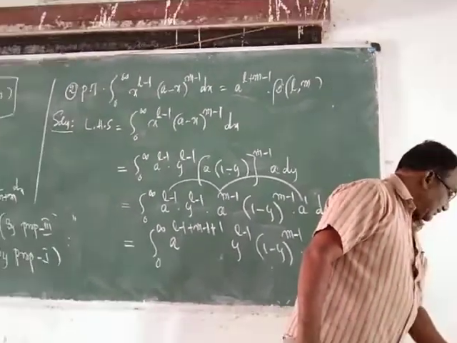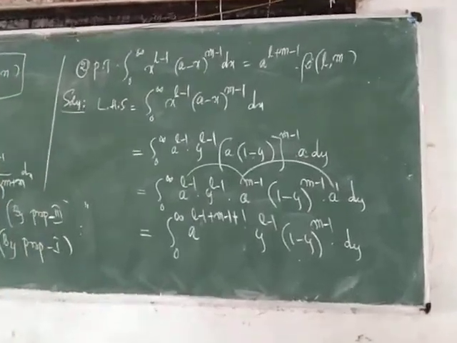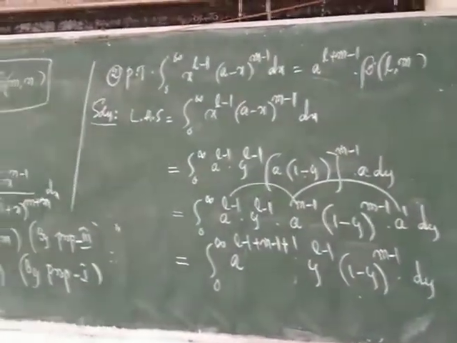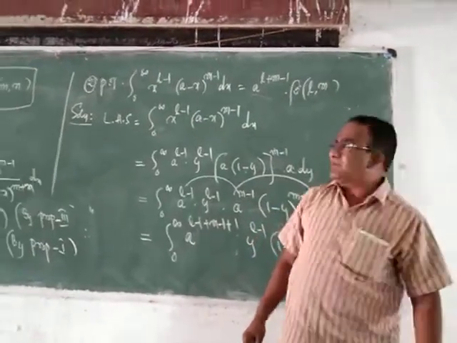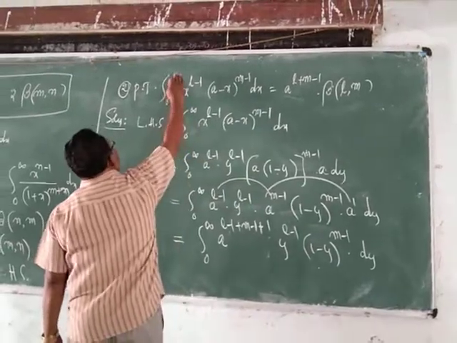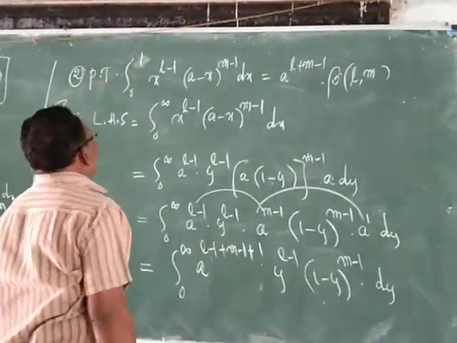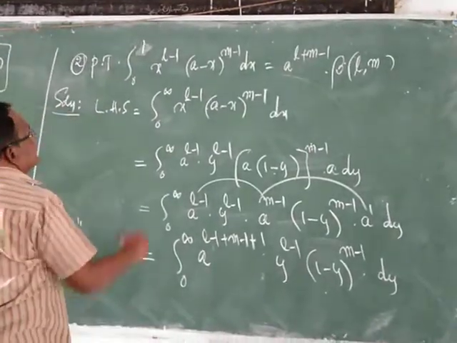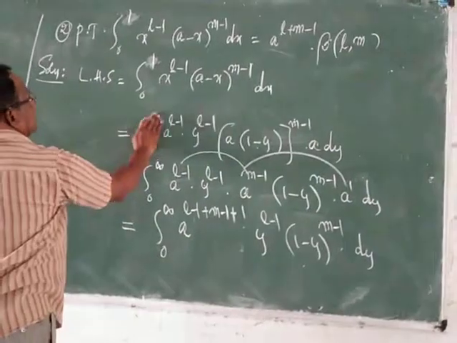Now you can observe one thing here. In the problem itself, the integral is not from 0 to infinity, it is from 0 to 1. So your LHS is integral from 0 to 1.